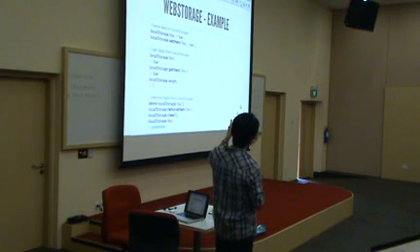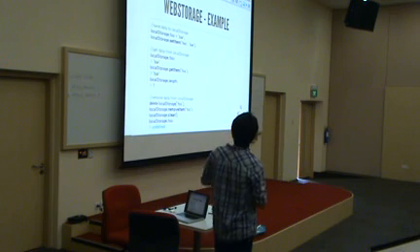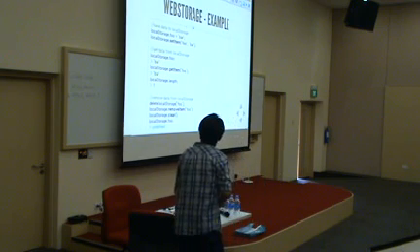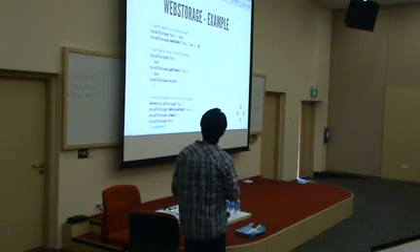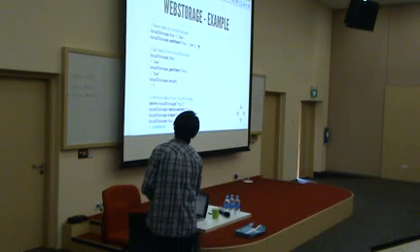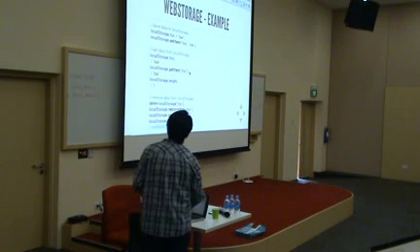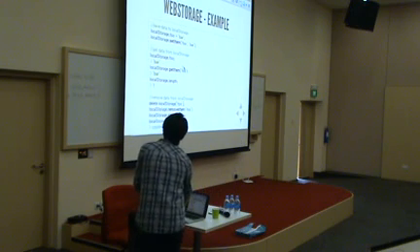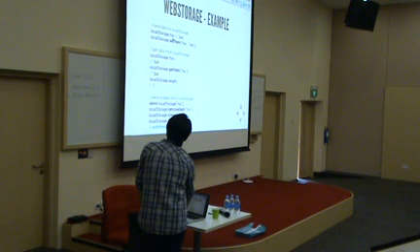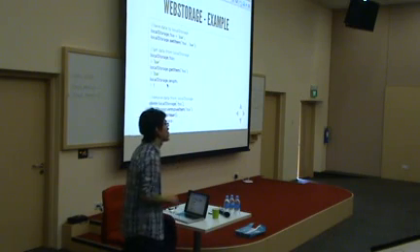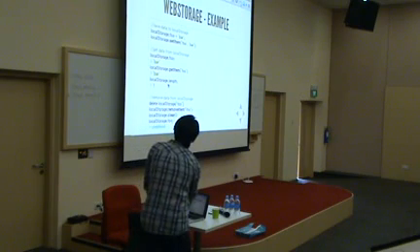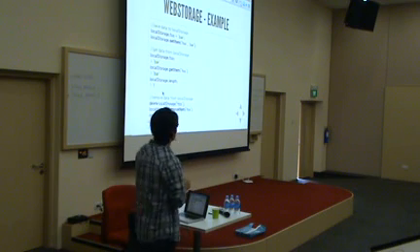For example, the key will be foo, and then the value will be bar, and the first and the second line are essentially the same. And if you want to retrieve something, you can use getItem, and also you can use the dot and then the key name. Because we previously set the foo value to bar, there is one item in the local storage. So if you check its length, it would return 1.